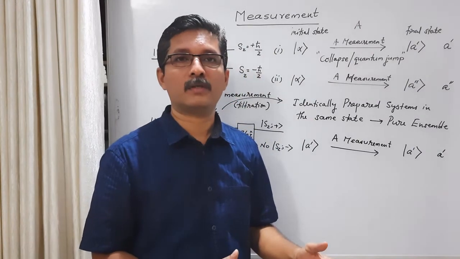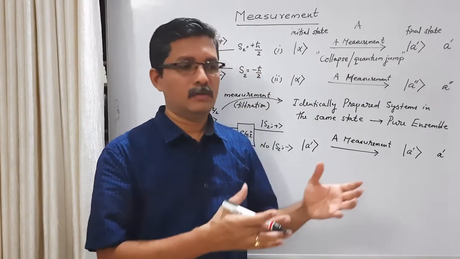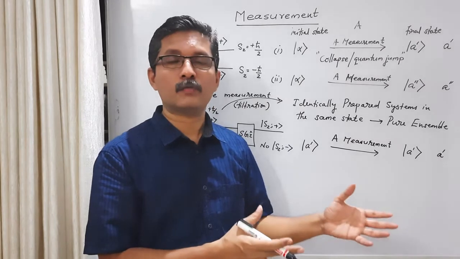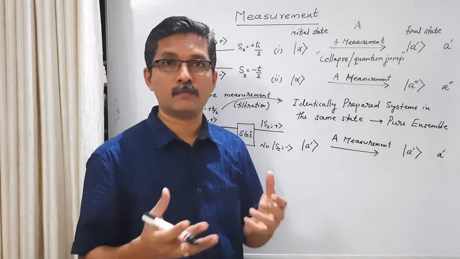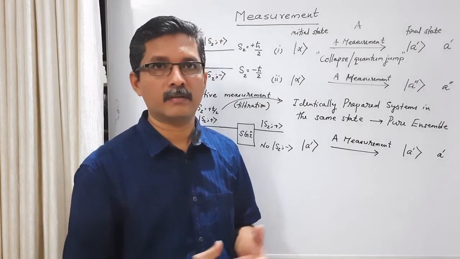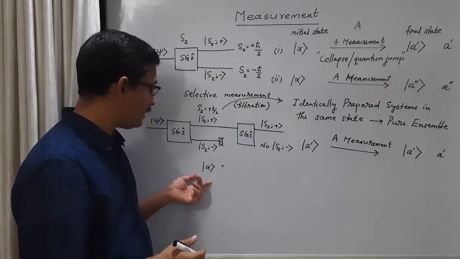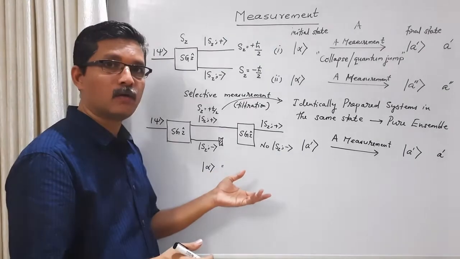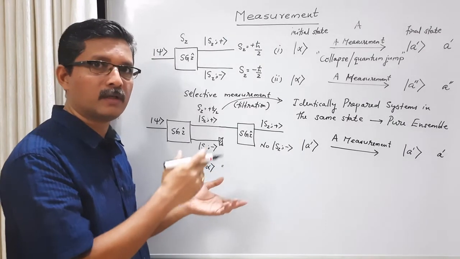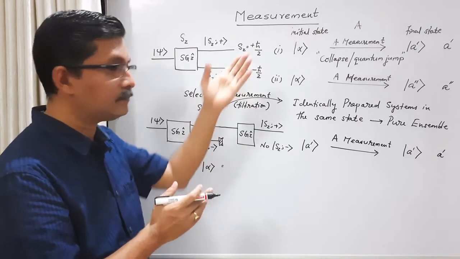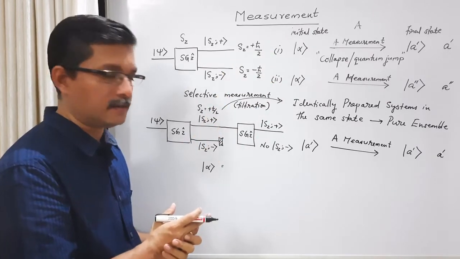Eigenkets of a Hermitian operator form a complete set. So the set of eigenkets of a Hermitian operator can be chosen as one basis of the vector space. Okay, that means a general ket can be expressed as a linear combination of the eigenkets of the Hermitian operator corresponding to the physical quantity being measured.